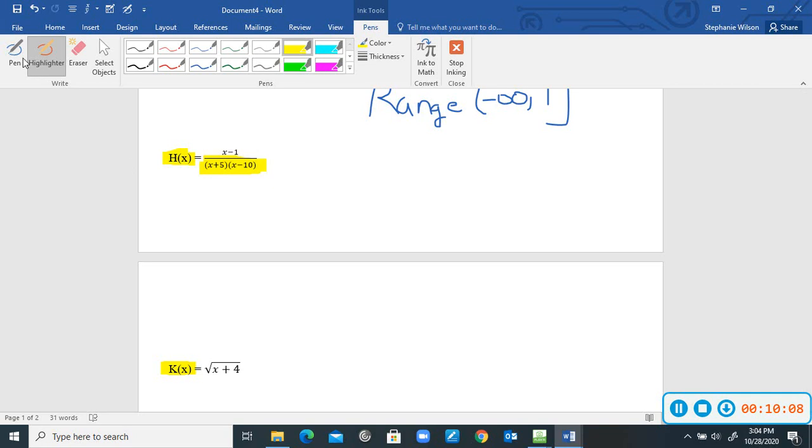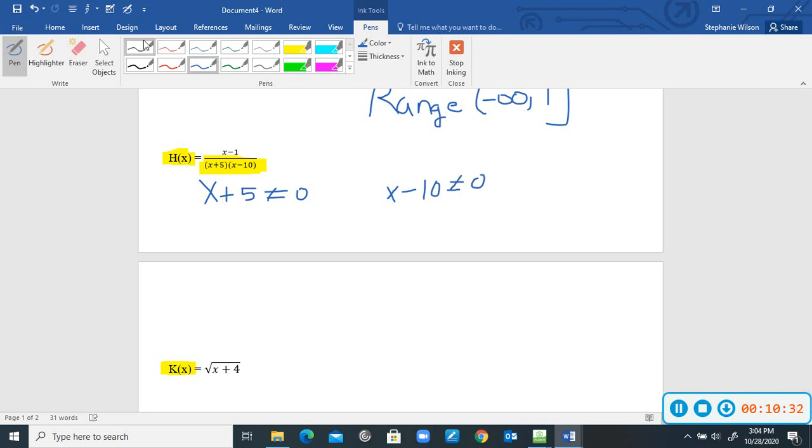So if you're asked to give the range, you need to graph it to see where it goes. Okay, so what I'm going to do is take the denominator, and I'm going to set it not equal to 0 because I don't want it to be 0. And whatever answer I get, that tells me that's the restriction, right? So now let's solve for this.